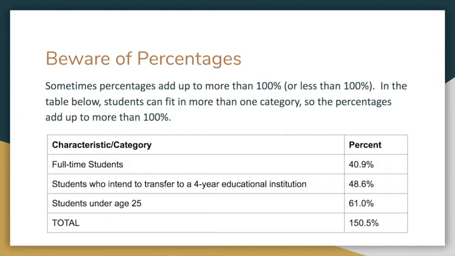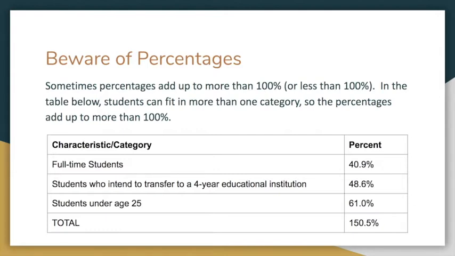In some instances though, like here, we have full-time students, students who intend to transfer, and students under the age of 25. Well, those three things can all happen at the same time, right? You could have a full-time student under the age of 25 who intends to transfer, and so these percentages are not going to add up to 100, right?